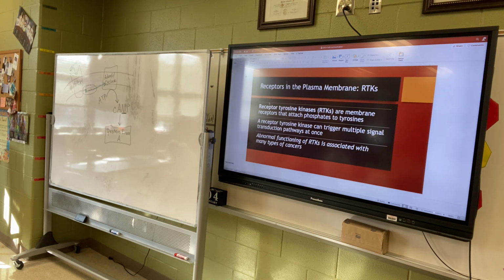That's a big difference between an RTK and a G protein coupled receptor. G protein coupled receptor, you get one reception, you get one trigger, one signal triggered. An RTK, because of its structure, can actually trigger different, multiple responses from being activated from the reception.